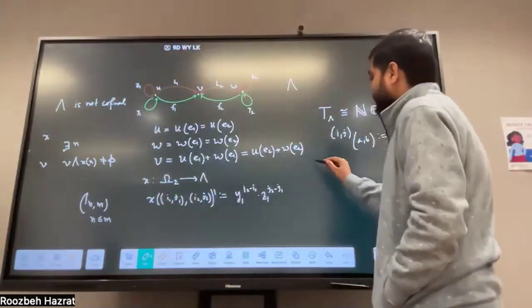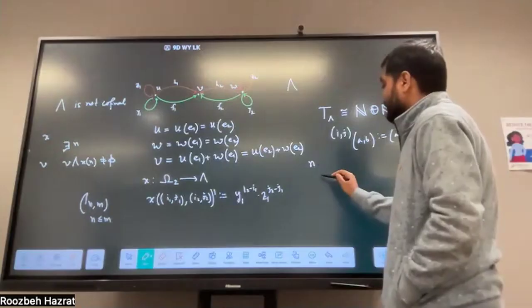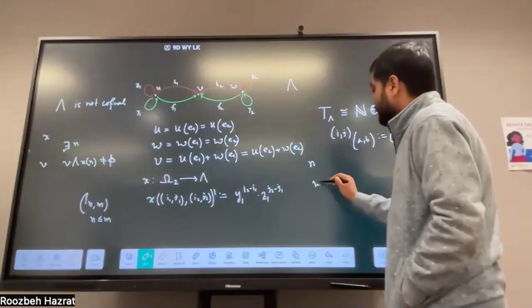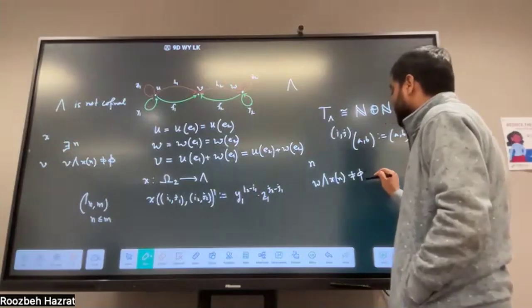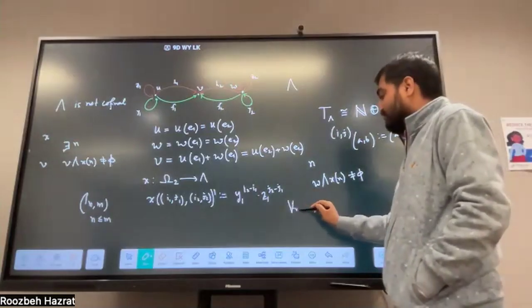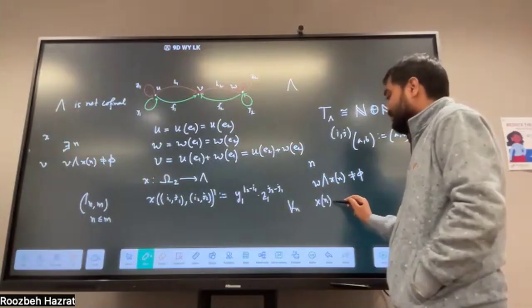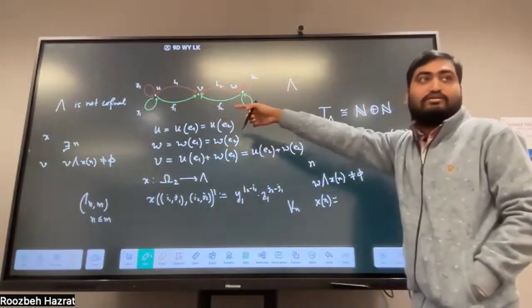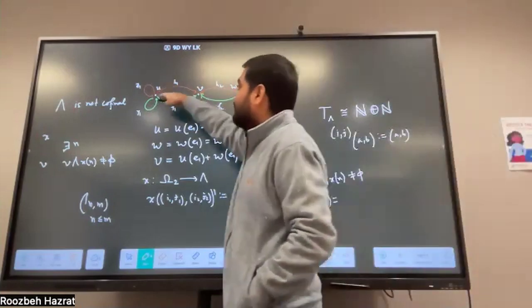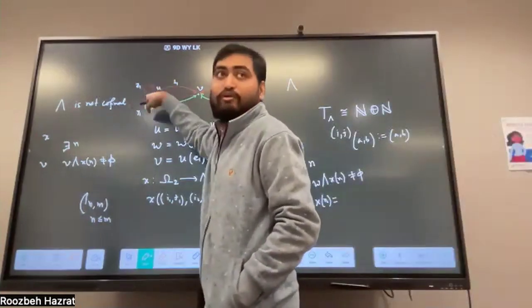But does there exist any n such that this W lambda xn is non-empty? In fact, you can check that for any n, xn will be the vertex phi u, right? Everything is situated here. You're going nowhere, right?